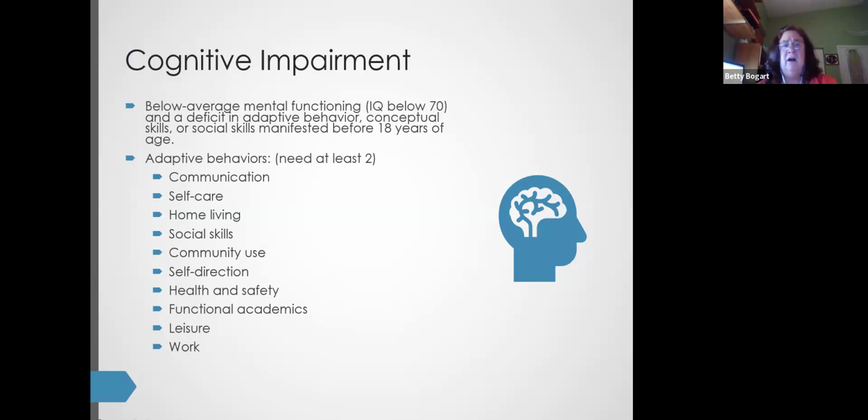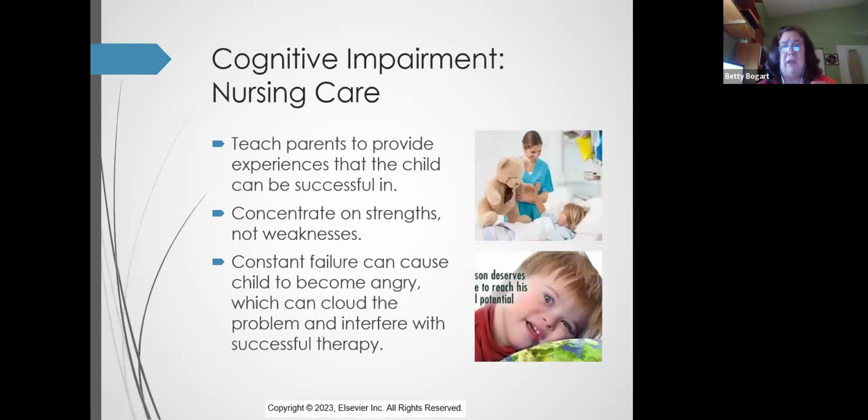All of these things are telling you that this child, who, remember, is going to become a teenager and an adult, will need a plan. What are we going to do and how are they going to live as they get older? It's identifying these things to get them the services they need to function as normally as we can.